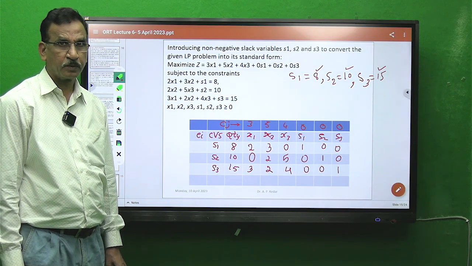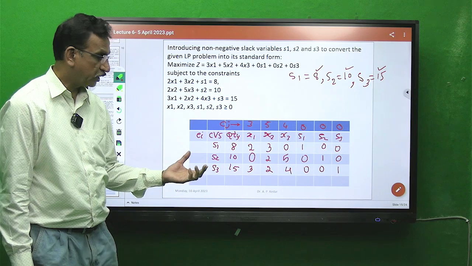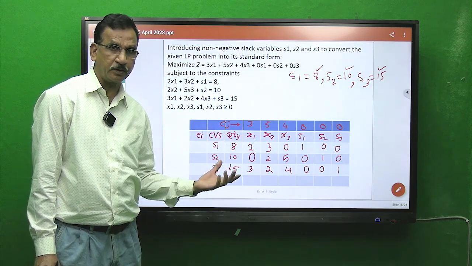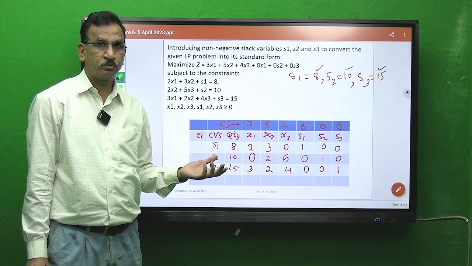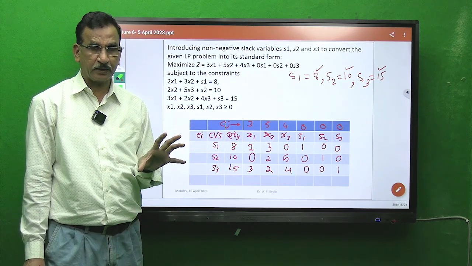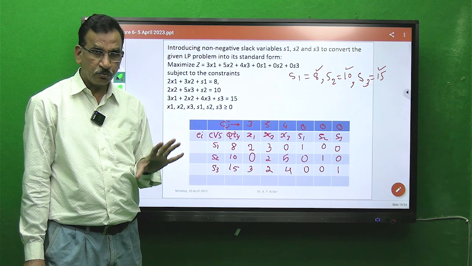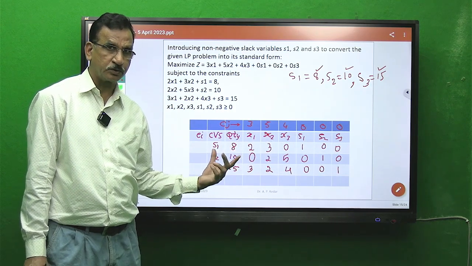Got it? This is how you have to fill the simplex table. I am explaining this in an elaborate manner so that in the next slide you will come to know how the values are taken in the table. I have taken the direct table; how those values arrived you will get from this logic.